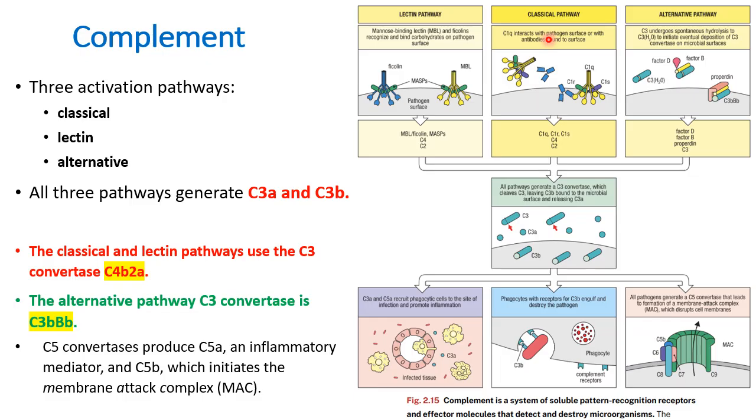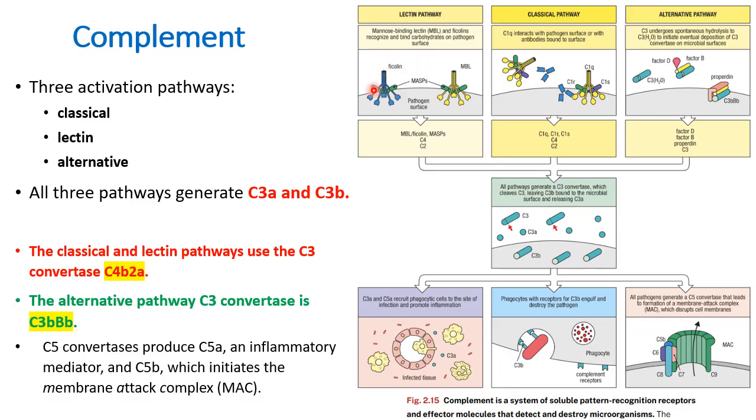All right, so here, we know that both the classical and lectin pathways use these adapter molecules that look like a spaceship or something with legs, right? So both of those pathways, what happens here is that you have these floating molecules.